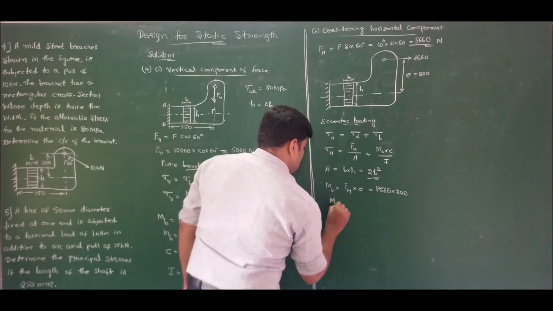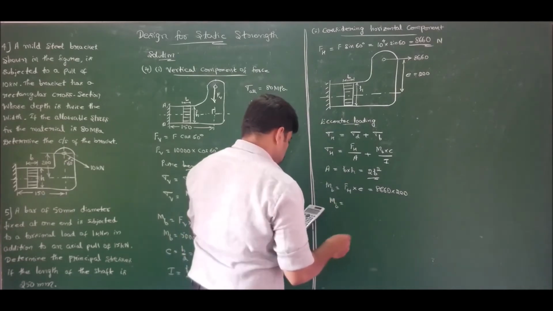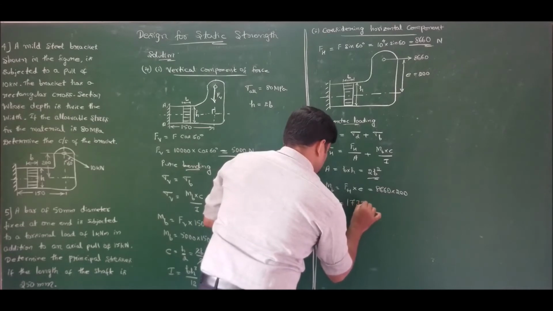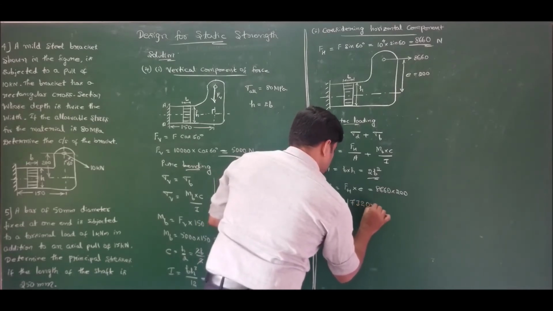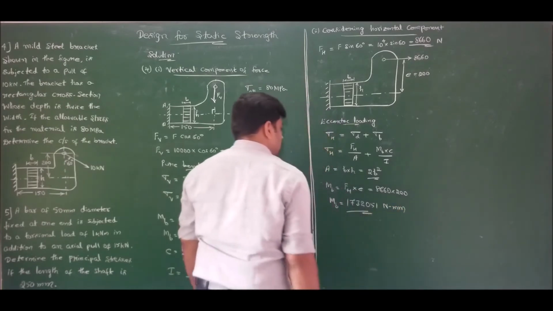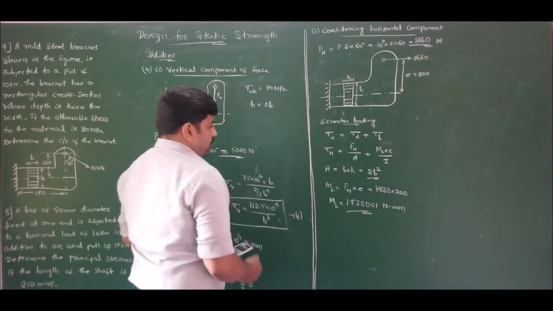So the bending moment will be 1732051 newton millimeters. This is the value of the bending moment.